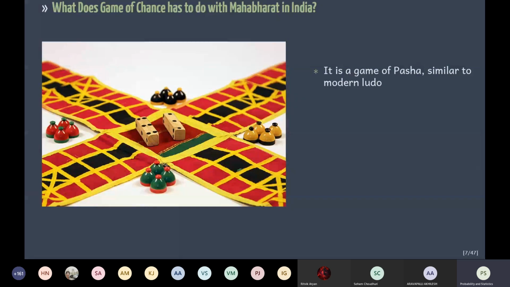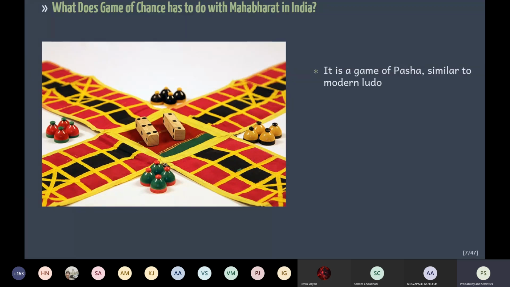In those days they used to play a game of chance called pasa. It may have a different name, and it is also used in other countries. We don't know where it was actually invented, but you can say that it's similar to the modern day Ludo.